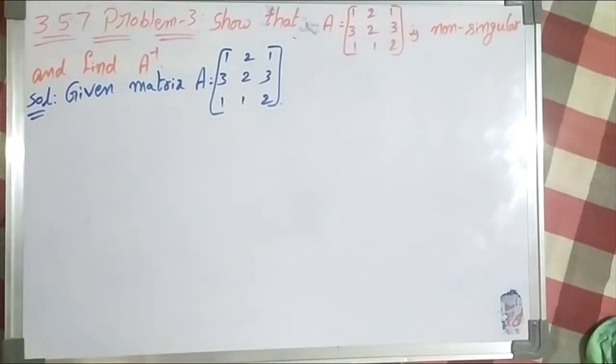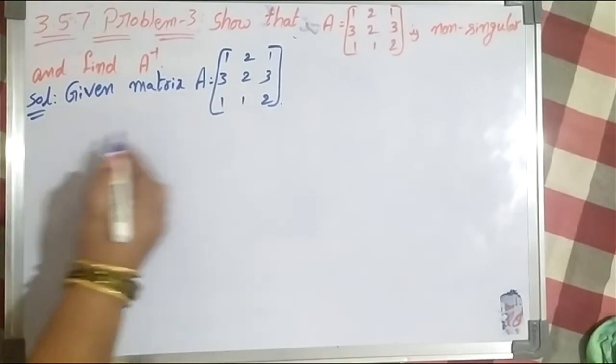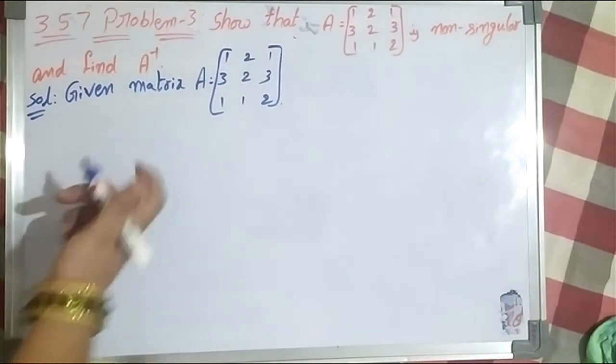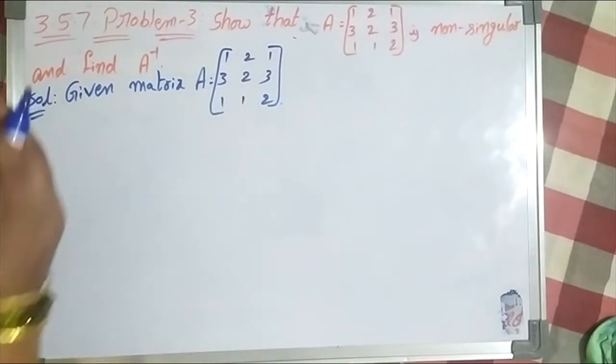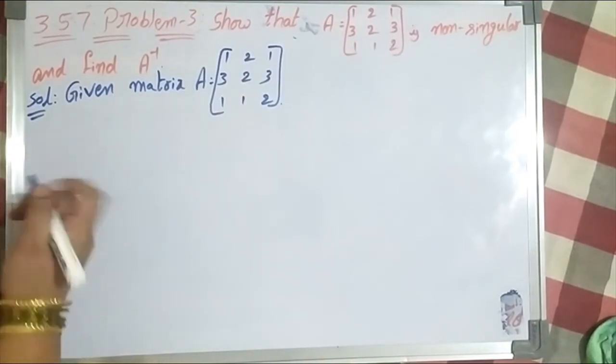We have to first show the given matrix is a non-singular matrix, that is, det A is not equal to 0. For that, if a given matrix is a non-singular matrix, then we have to show the determinant of the given matrix is not equal to 0.